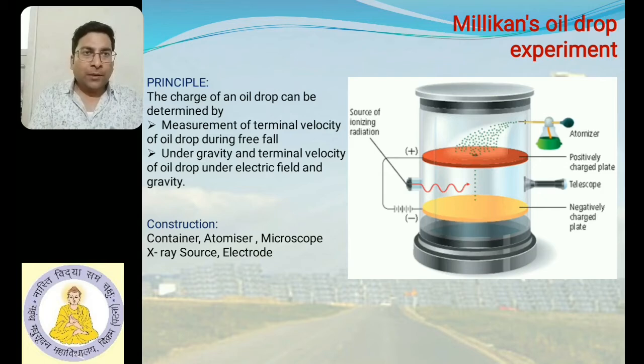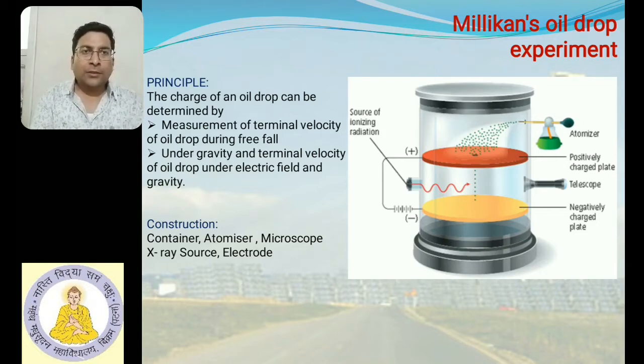This experiment is performed in two phases. In the first phase, there is no electric field between the two electrode plates, and in the second phase we apply some electric field between these two electrodes.